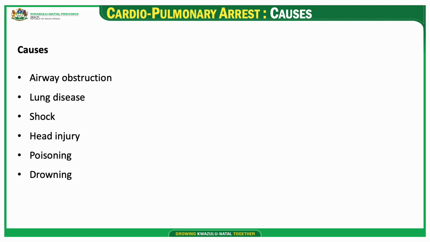The causes in children are often airway obstruction that leads to hypoxia, severe lung disease, those little ones with pneumonias, bronchiolitis, shock, so patients with poor oxygen delivery because of hypovolemic shock, septic shock, hemorrhagic shock, patients with head injury, and this often includes patients with seizures or patients in status epilepticus who can't protect their airway adequately and have neurological compromise that causes respiratory arrest.